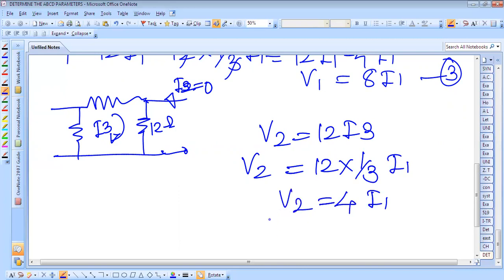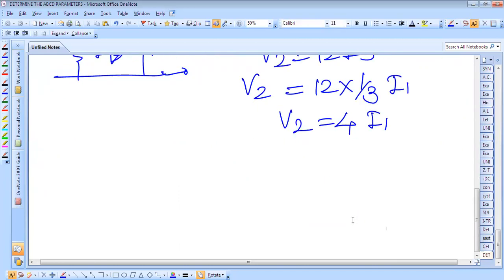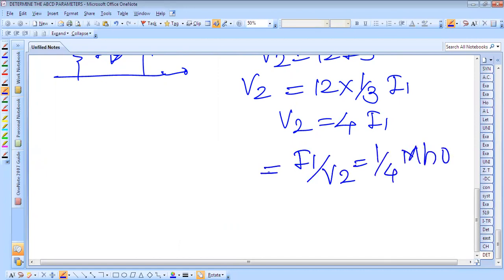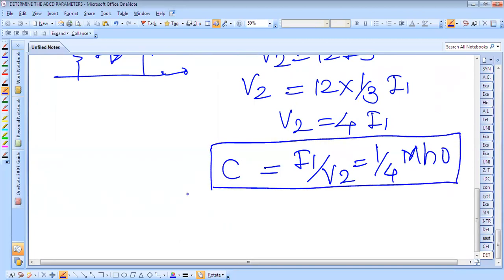And here we have got one more parameter. I1 by V2 is equal to 1 by 4, and this is your parameter C. This is C parameter. So one more parameter we can get here, A is equal to V1 by V2 when I2 is equal to 0.